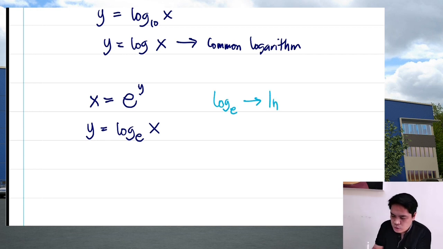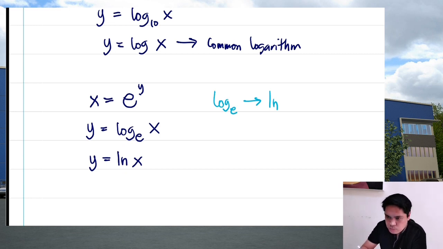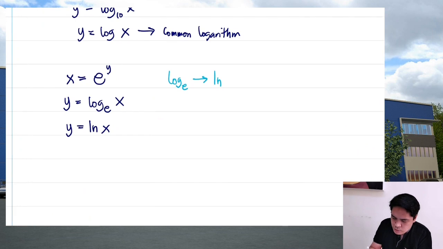So, I'm more comfortable reading that as ln. Yung iba, ln, yung iba, natural logarithm, but that's a mouthful. So, I'm more comfortable with using ln. So we will rewrite this as y equal to ln x. So pag sinabing ln dito, that automatically means that the logarithm has a base of natural base or base e. Okay? So ang tawag dito is the natural logarithm.